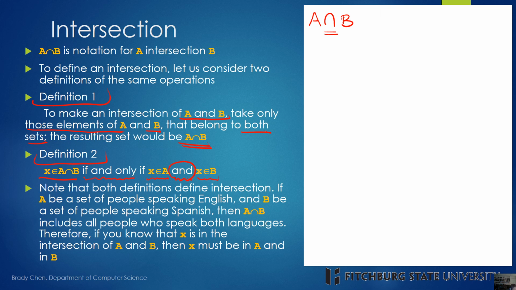Okay, again, let's say A is a set of people who speak English, and B equals a set of people who speak Spanish.